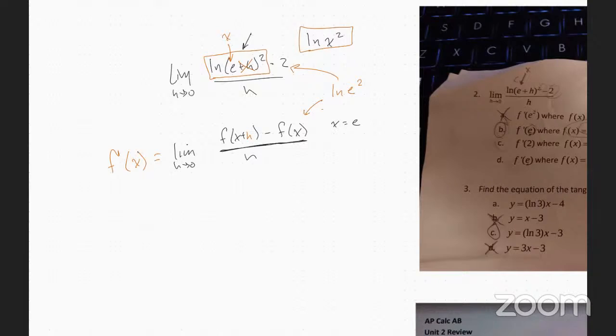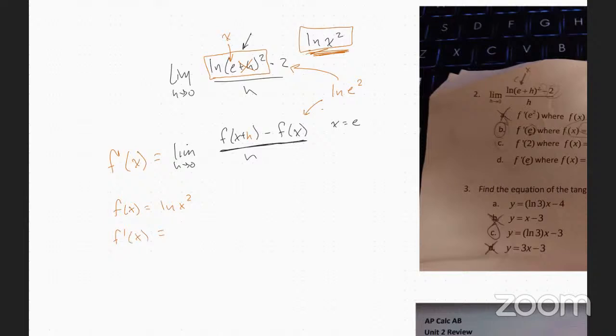Your f of x was ln of x squared, so your derivative is equal to that thing right there.